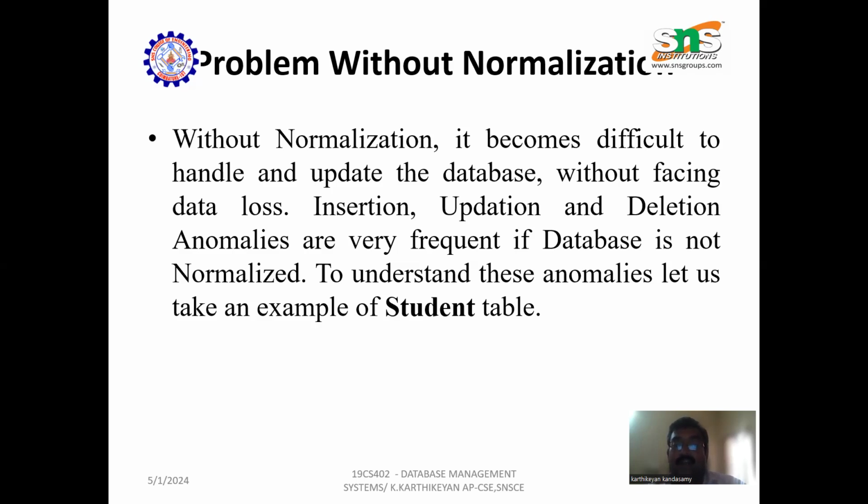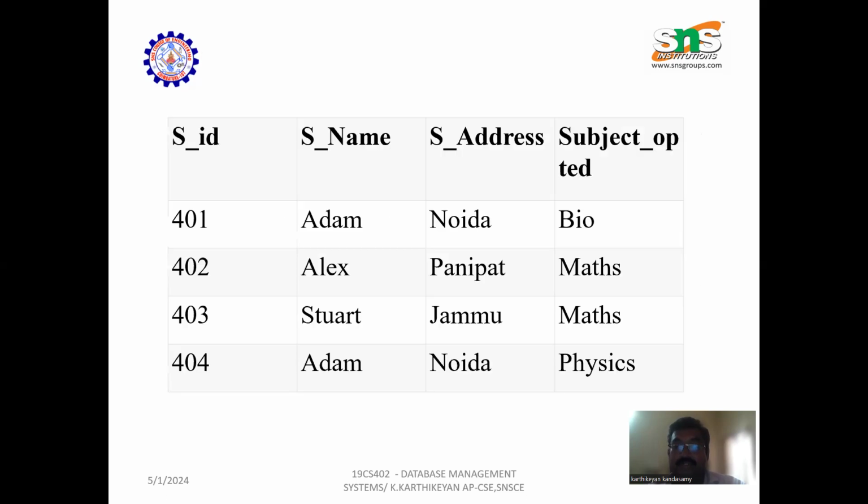To understand the anomalies, let us take an example student table. This is a student table: student ID, name, address, subject opted. Suppose I am mentioning student IDs 401, 402, 403, 404. There is no problem. But if I'm not mentioning the student ID, then based on student name, redundancies are created.